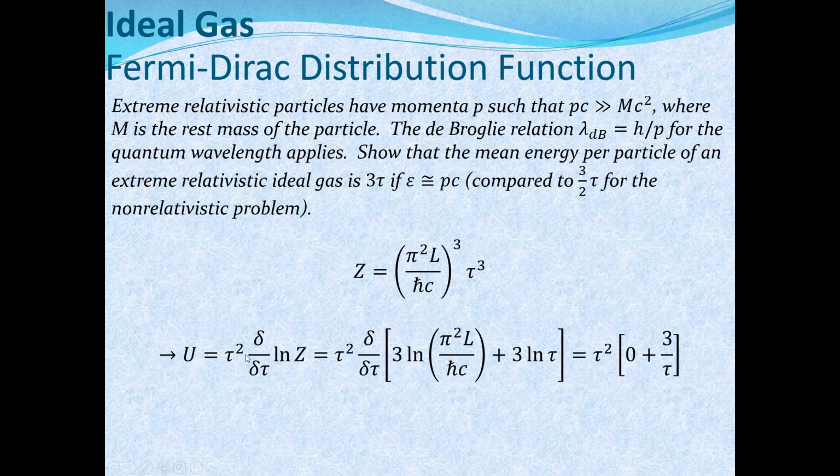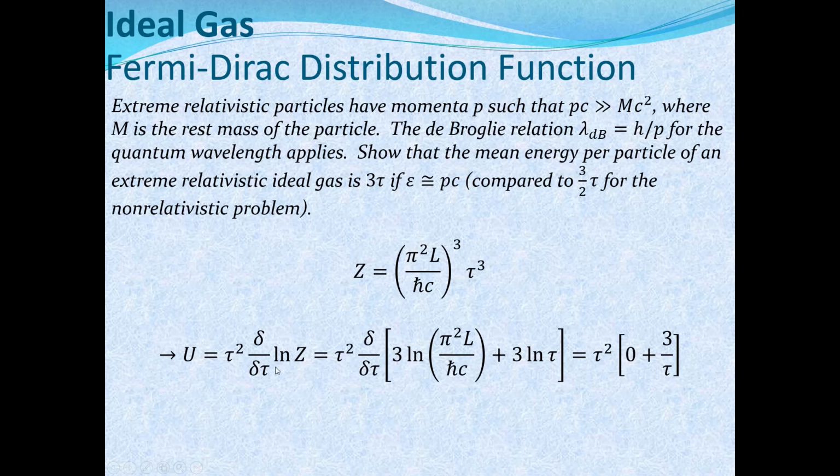If you remember one of the equations we had, when we took the average energy as being a sum of blank times the probability, we actually found that one way of writing it was like this, so that we didn't have an infinite sum. So now that we have the partition function, we can very quickly take the ln of this and then take the partial derivative with respect to tau.